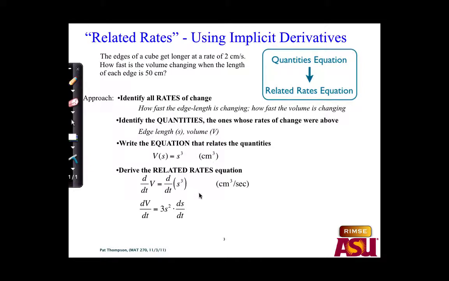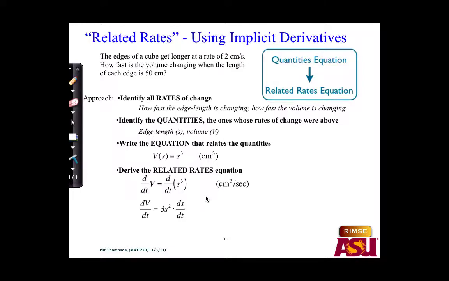So this implicit derivative is another way you can think of it. Although it doesn't say s of t here, we're understanding by reading the description and seeing this V and s related that V and s are both implicit functions of time, or they're just naturally going to be functions of time. Whether we write out that function rule specifically or not is another question. I could say, oh, well, it's just a linear function of time because the edge length gets longer by 2 centimeters every second.